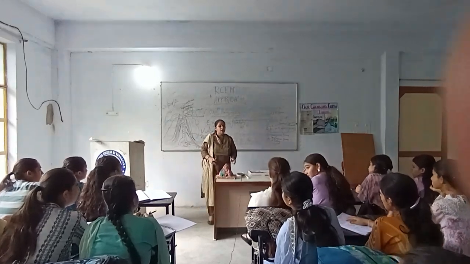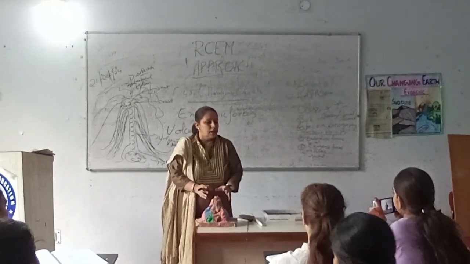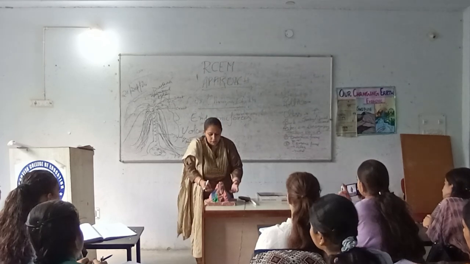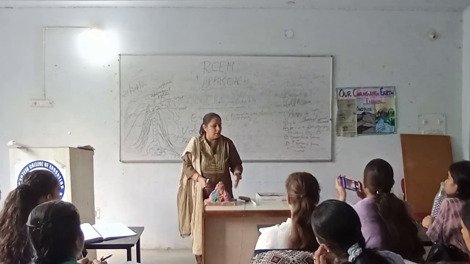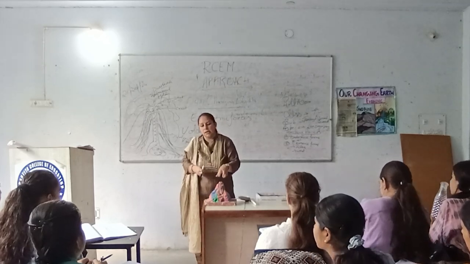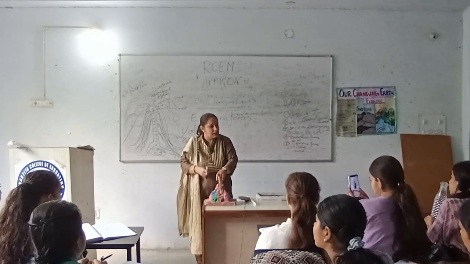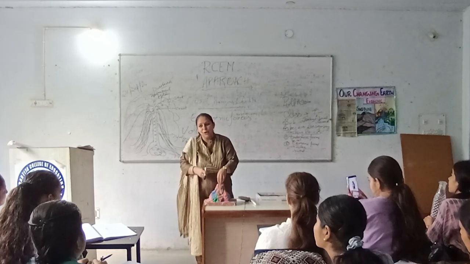It has a mountain-like structure, and the red part you see here is the molten magma that comes out from this part. In the class we will cause a volcanic eruption right now.